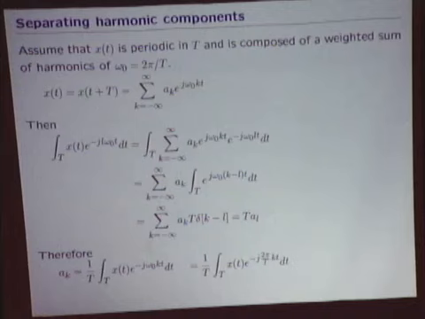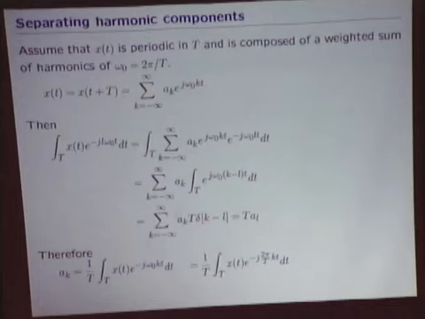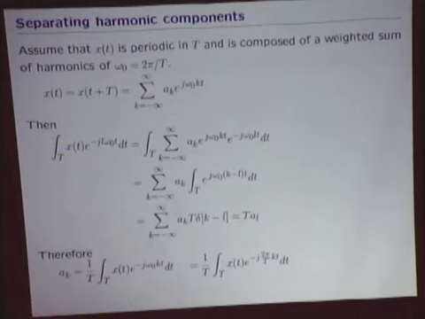That's nice. It means that if I assume I can write the signal this way, I can sift out the kth coefficient by integrating against minus the kth harmonic and dividing by T, because of the normalization: if you integrate 1 over a period, you get capital T. And that tells me that if this were true, this is how you'd find the coefficient.